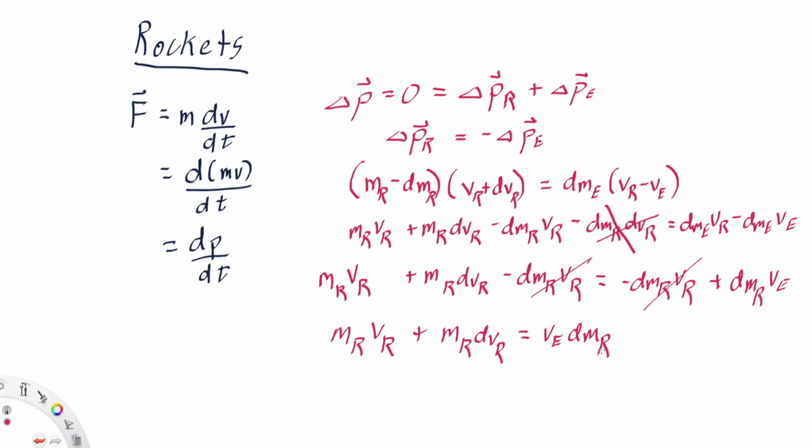okay. So at this point, what I would like to do is, we don't want to consider the original momentum. We just want to consider the amount by which it changes moment to moment.